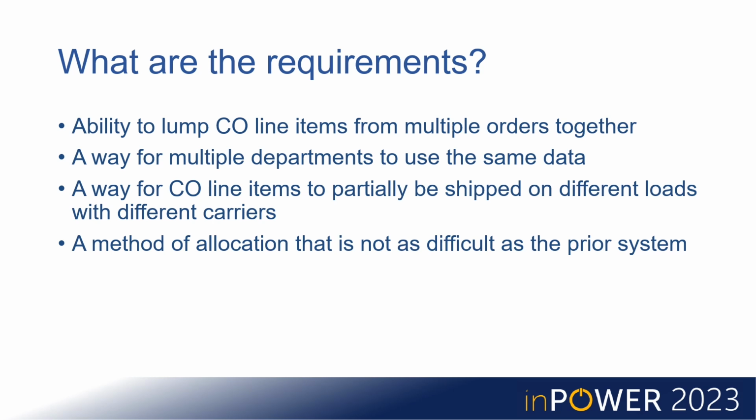So I might only ship 3 this time, I ship 4 next time on a different truckload. I needed a method of allocation that was a lot simpler and didn't need as much tweaking and DBU changes to keep it accurate.